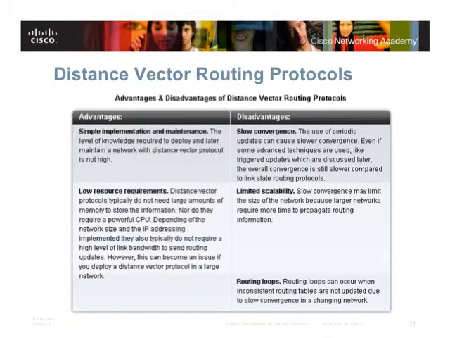So the level of knowledge required to deploy and maintain the network with a distance vector routing protocol is not high. Why? Because you only need to worry about the local neighbors. You don't need to maintain and get information about every single link in the network.